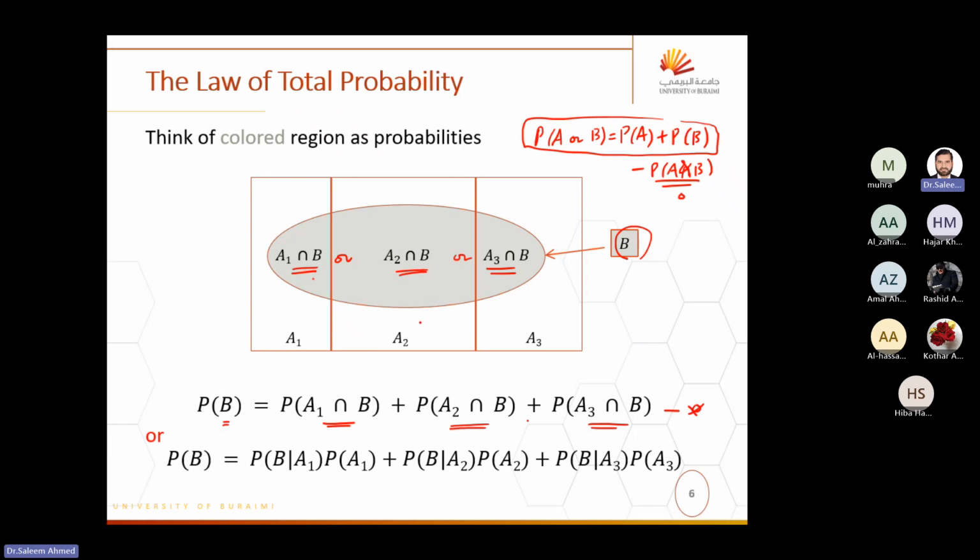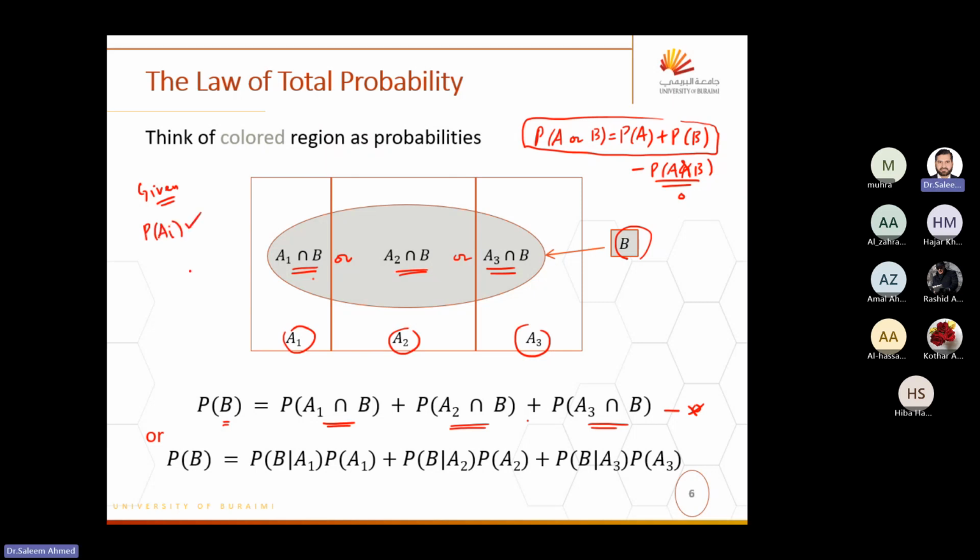So now, because I do not have A1 and B directly, my given probabilities here are, because a partition A1, A2, A3 is given, I am given their probabilities.